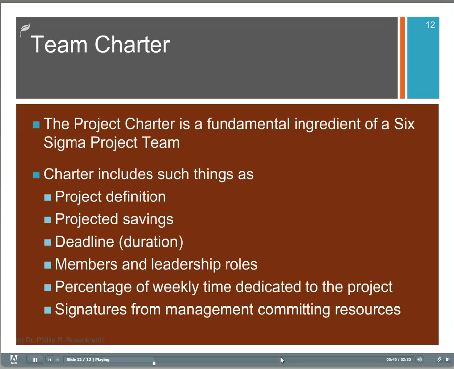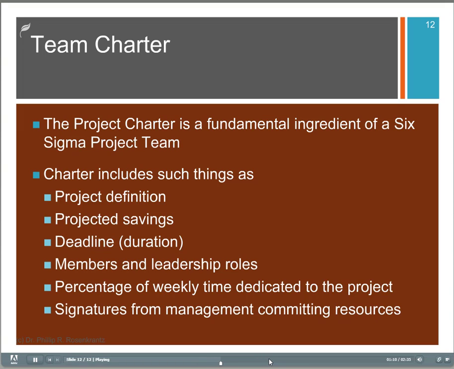It also can show for each person what percent of their weekly time is expected to be devoted to working on the project. And then finally, there's signatures from management committing resources. This would include, for example, for each member of the team, their supervisor signing in agreement about the percentage of time this person is going to be working on the project.